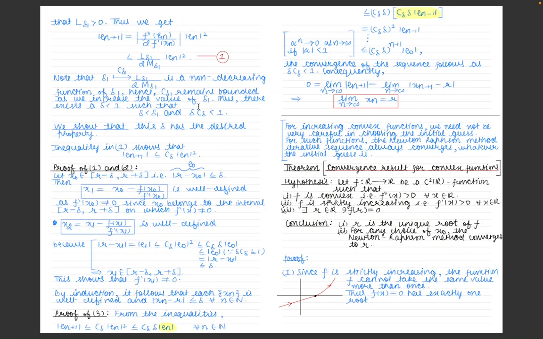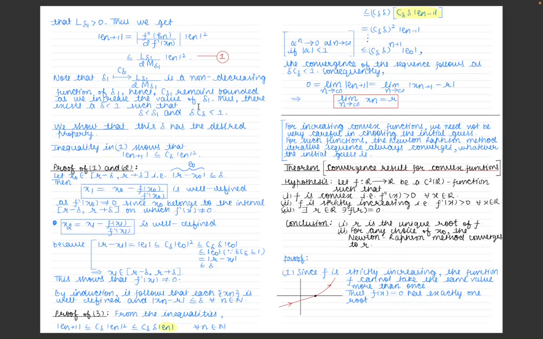You see, because zeta n was in this interval r plus minus delta 1, and x was also in this interval. So we will actually have this L delta 1 by 2m delta 1 times mod en square.